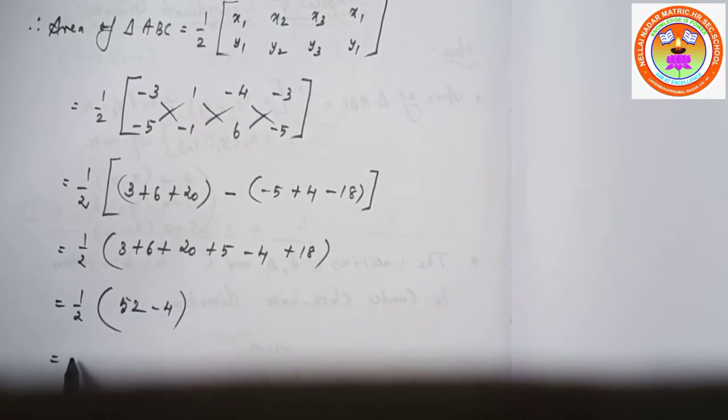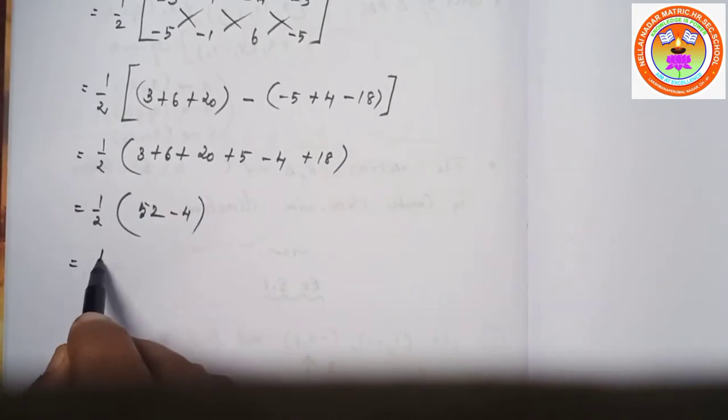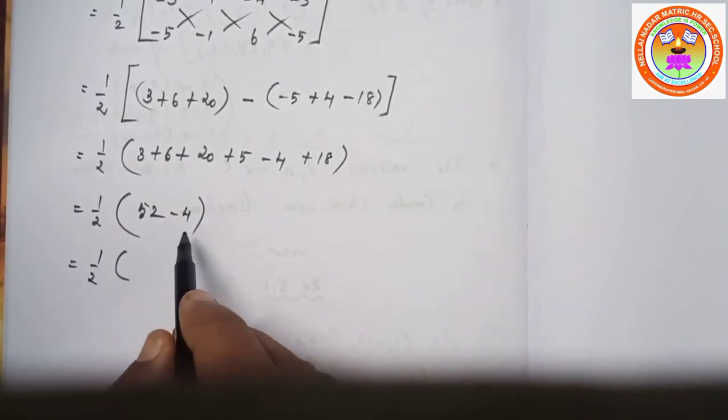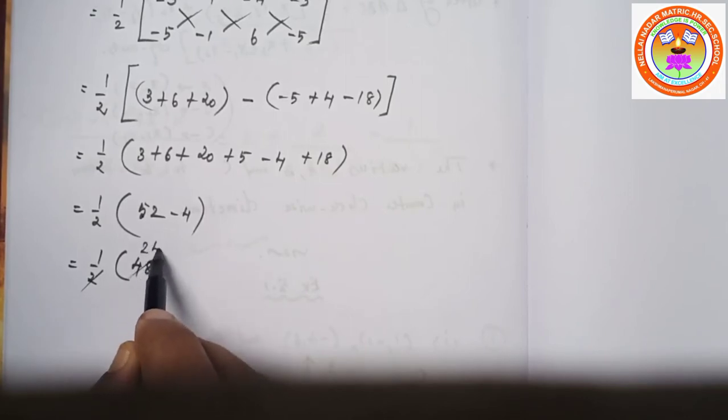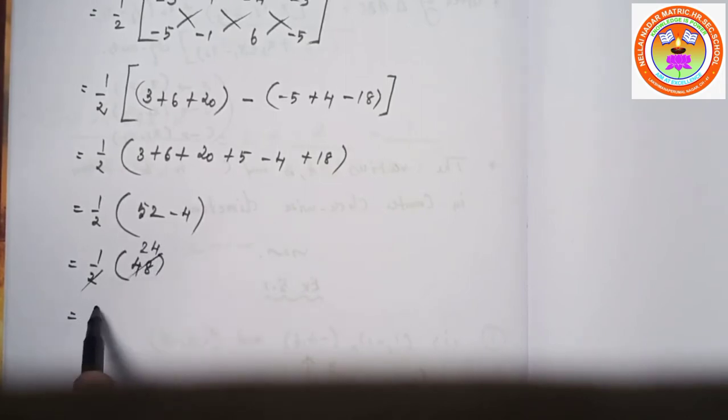That is equal to half into 52 minus 4, that is equal to 48. Can cancel by 2. How many times? 24 times. 24 ones are 24. Square units. That is the answer for the first problem, first subdivision.